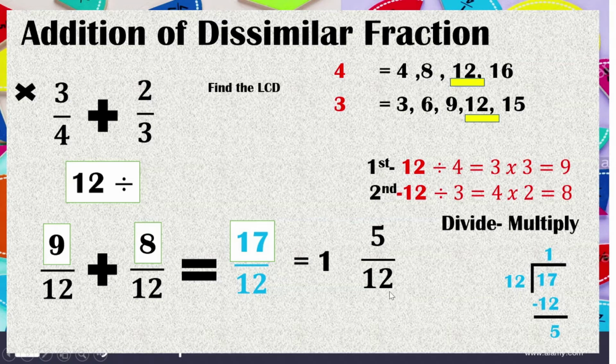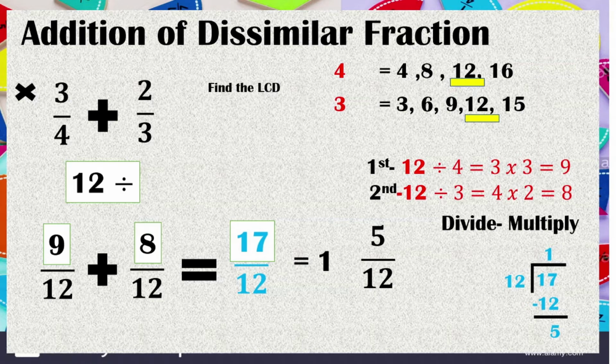So, as you can see, 1 and 5 over 12. 5 and 12, hindi na siya pwede kunin yung least common or lowest term nila. Okay? So, the final answer of 3/4 plus 2/3 is 1 and 5/12.